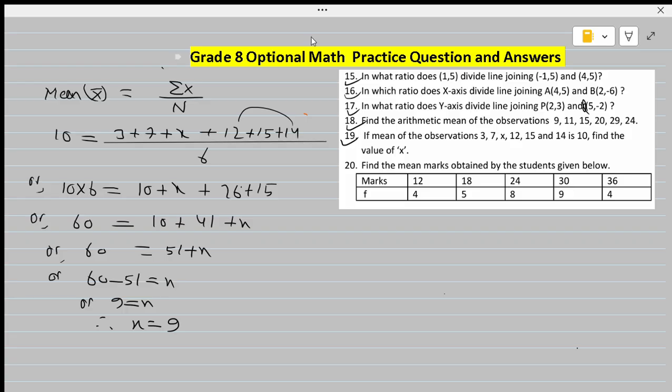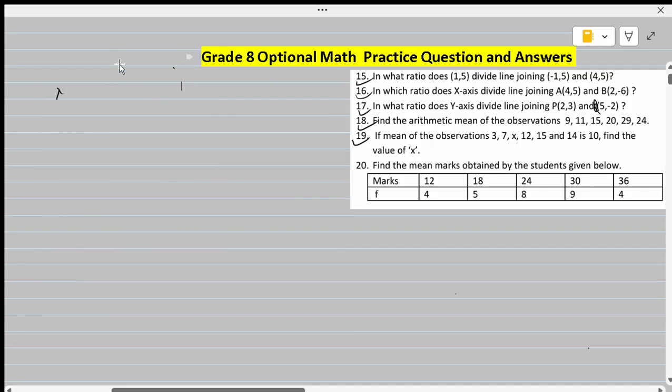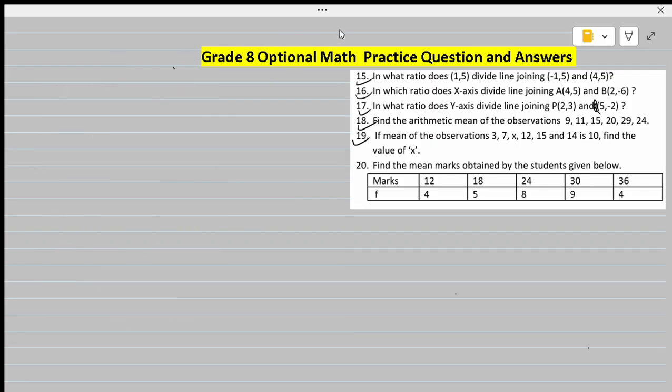Now let's go with number 20. In number 20, what does it say? Find the mean marks obtained by the students given below.